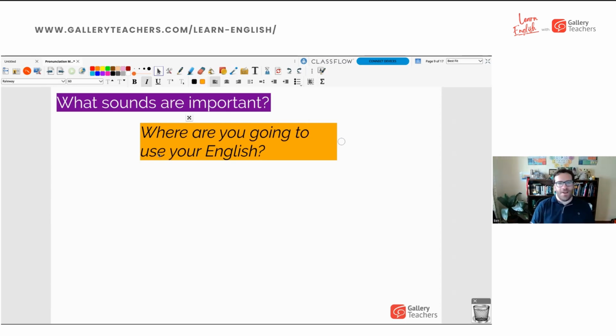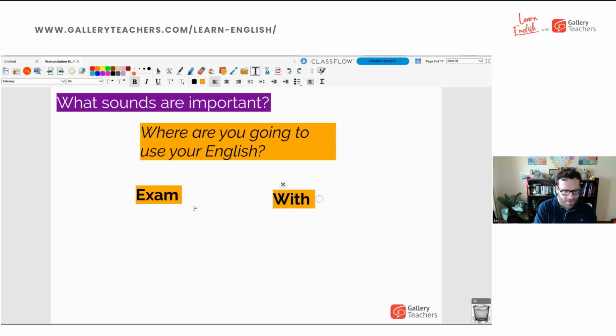So there are really two scenarios that we can think about. The first one is maybe in an English exam, right? In a time when you're being marked on how correct your English is.